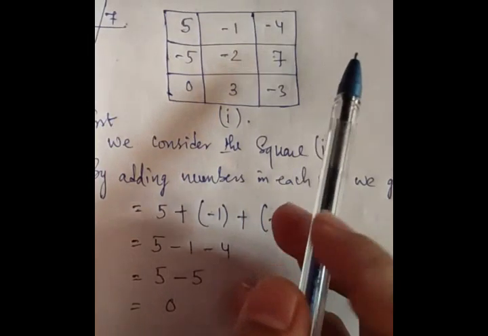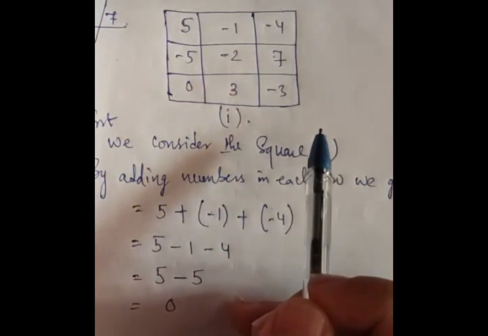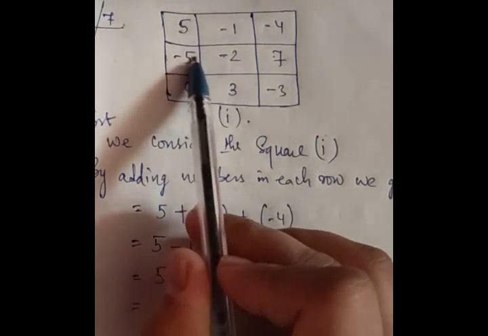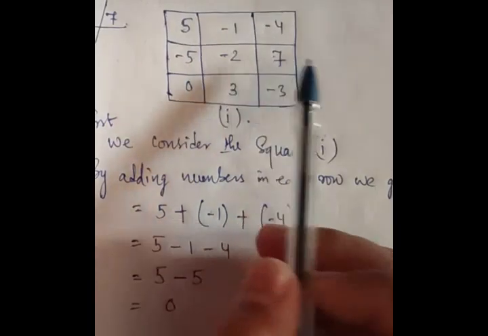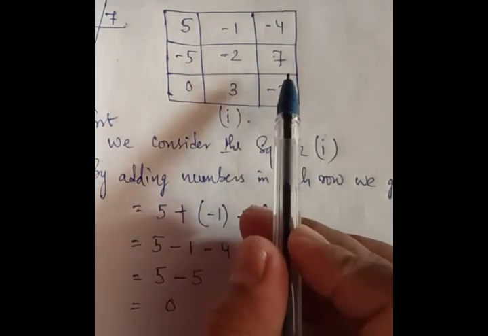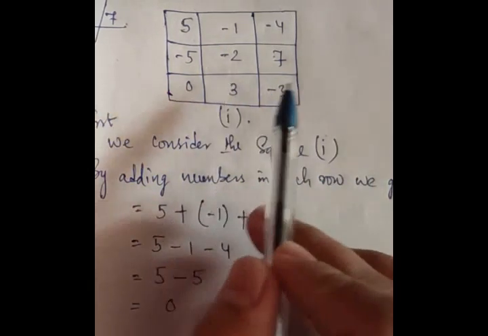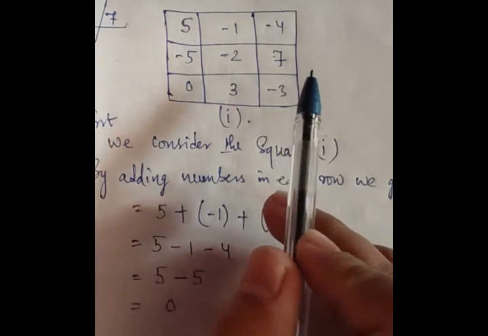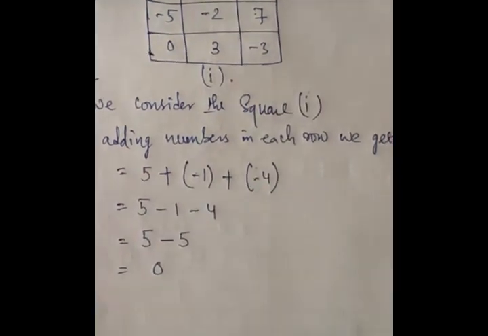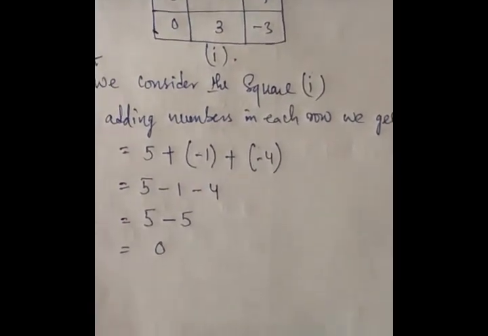Now we have to add another row, and we have to get 0. If we are getting another number, then your magic square will not be considered. In each row we have to get the same number. So the first row we got 0.